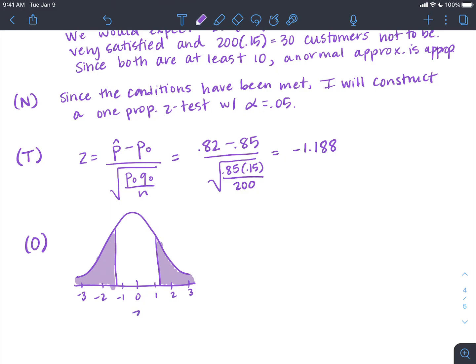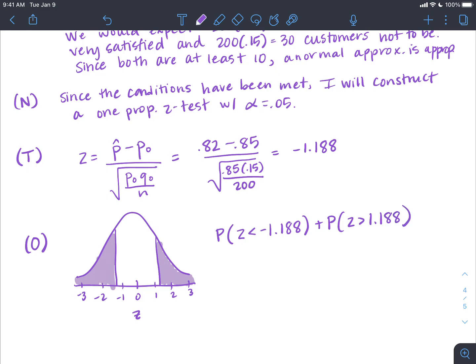Let's label this Z. Okay. So I'm just looking for the probability that Z is, I can write it in two ways. Z is less than negative 1.188 plus the probability that Z is greater than positive 1.188.